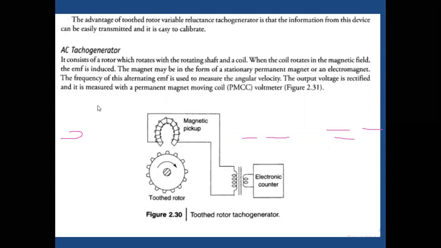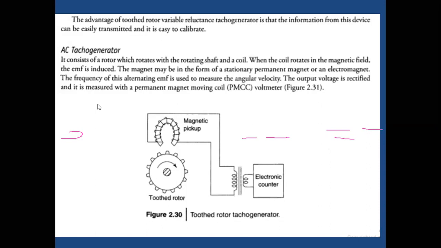As I said earlier, whenever the coil rotates in a magnetic field, we have two situations: either the magnet moves or rotates, or the coil rotates. The magnet may be in the form of a stationary permanent magnet or an electromagnet. The frequency of this alternating EMF is used to measure the angular velocity.